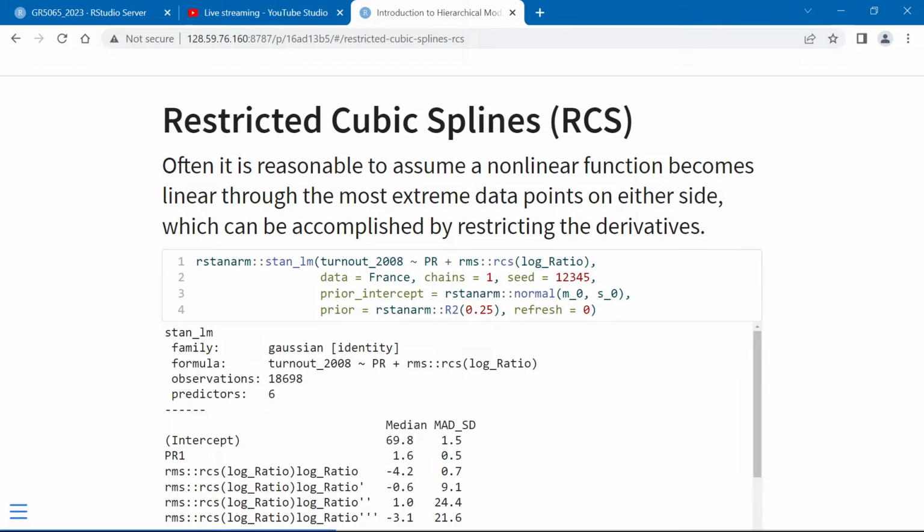In models like this, or other splines, other sorts of nonlinear things where we can't really even interpret one parameter in isolation from the others, it's hard to specify marginal priors on those things. It's easy to do, but it doesn't really make sense.